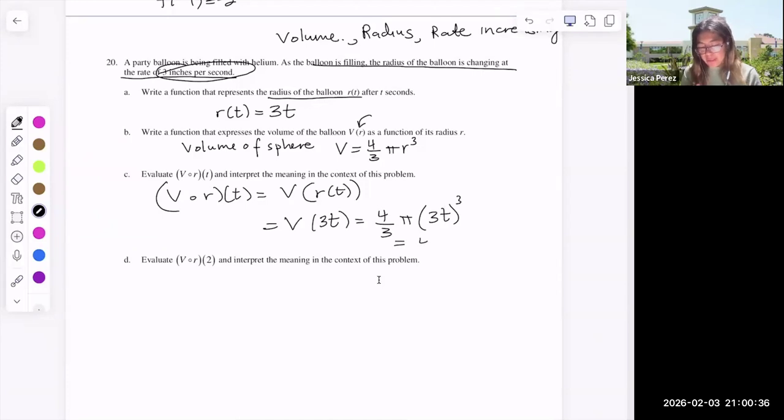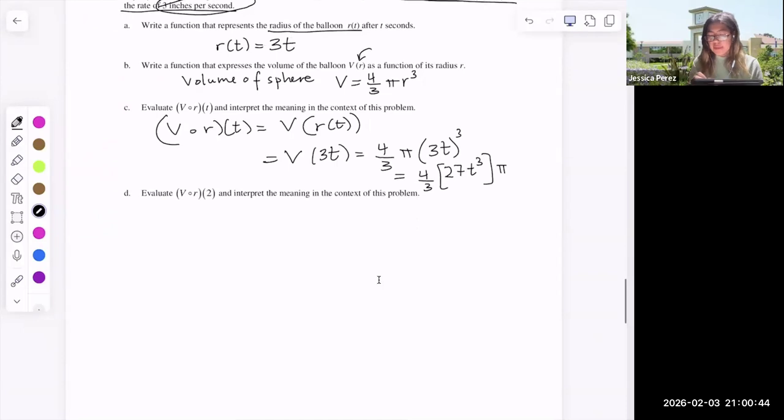So when we evaluate, I get 4/3 times 27t cubed pi. So then if we clean it up, I have a 27 over 3, that's 9. So 4 times 9 pi t cubed, which is 36 pi t cubed. And then remember, this is a volume in terms of time. That's why we have a t.